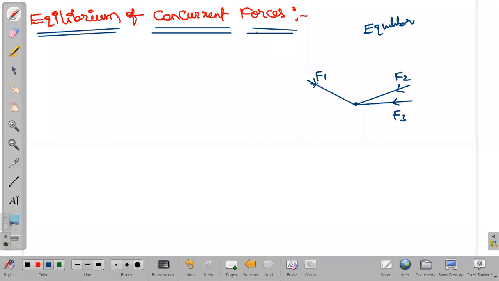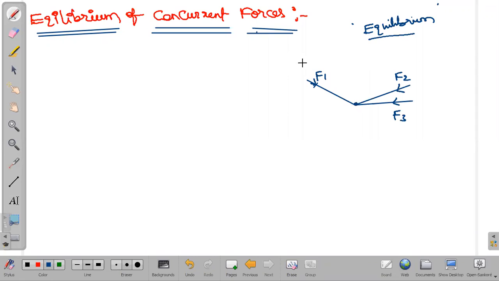So what we are going to deal with here is equilibrium. Equilibrium means, as you might have studied in lower classes also, that the net force acting on some object is zero, and then we take it that the object is at rest. So when concurrent forces are acting, if the object is not changing its state of rest, that condition of the object is said to be equilibrium.